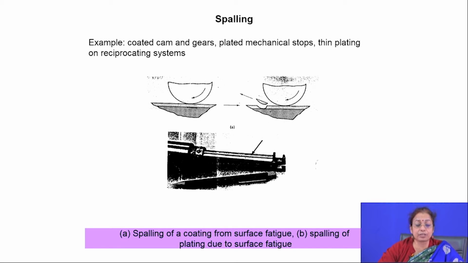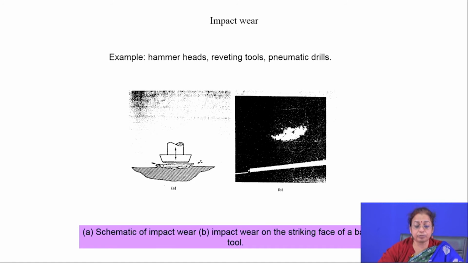Typical examples are coated cams and gears, plated mechanical stops, and thin plating on reciprocating systems; there you basically find this kind of wear. If you want to get rid of this kind of wear, you have to apply a hard face layer which is hard as well as tough in nature, and better avoid coated components in those cases.